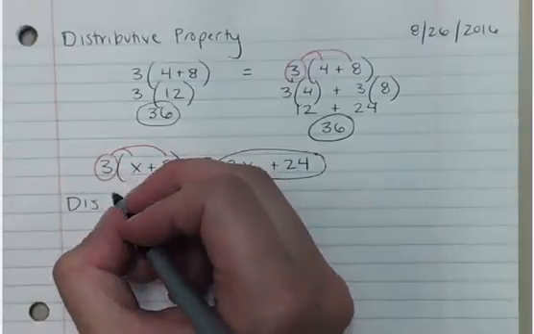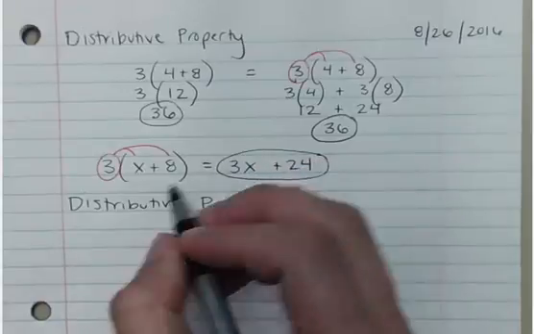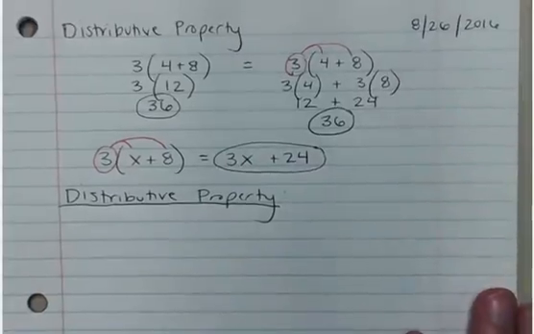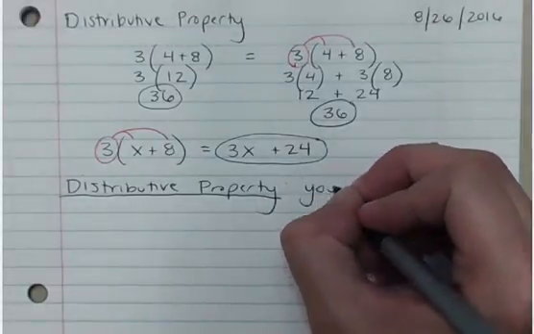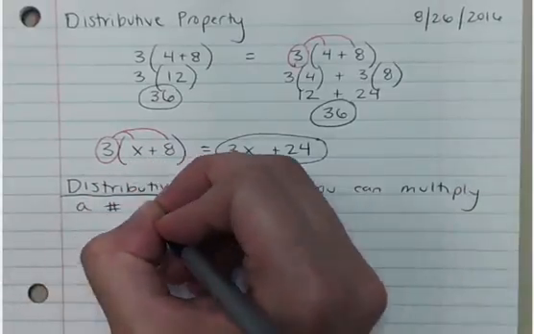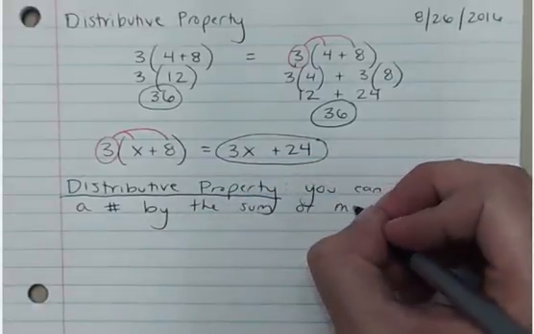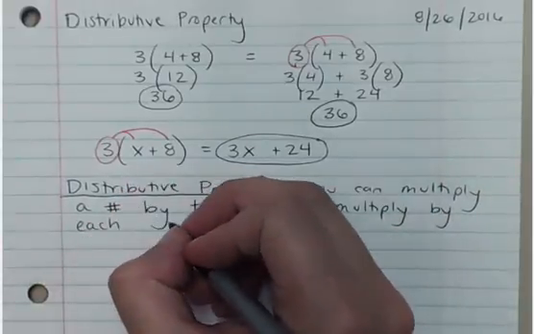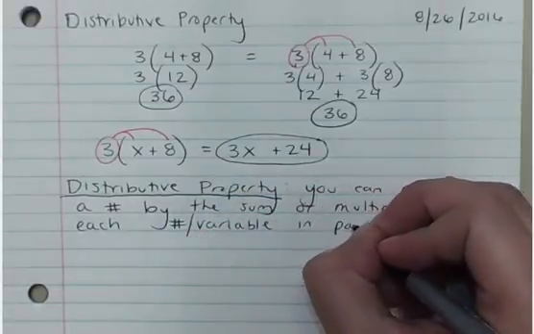Let's go ahead and define distributive property. And again, I'm going to write my definition and you can edit it based off of how you best understand it. Okay, distributive property, I'm going to say you can multiply a number by the sum, or multiply by each number, or it could be a variable, in parentheses.